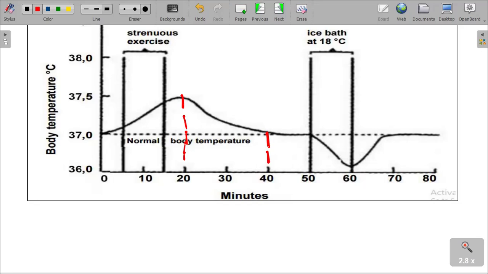So here, what is happening is that we are seeing a decrease in body temperature. As you can see here, the graph is going down.